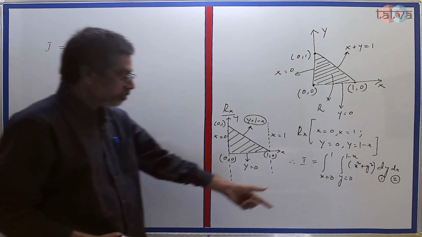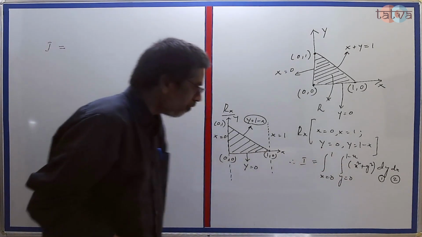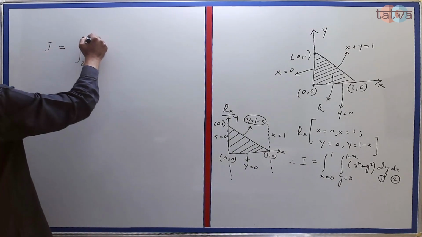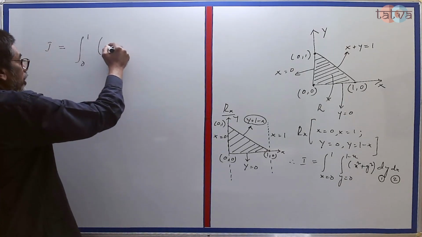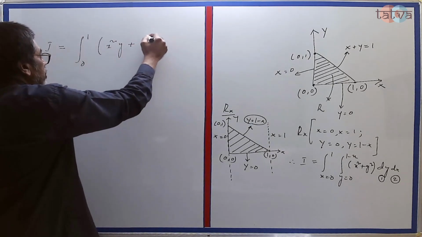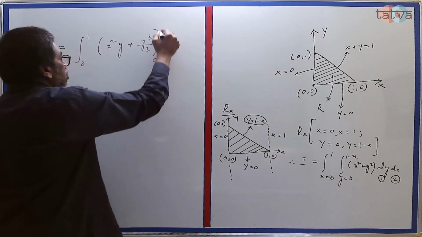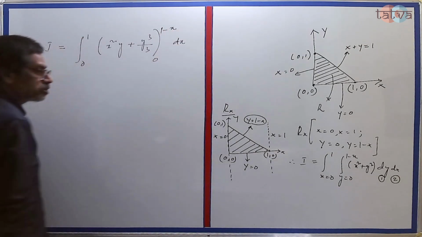So continuing from here, I'm going to first begin my integration with respect to y, from 0 to 1 minus x. The integration of x squared with respect to y is x squared y. Then we have y cubed by 3. The limits of y are 0 to 1 minus x, dx.